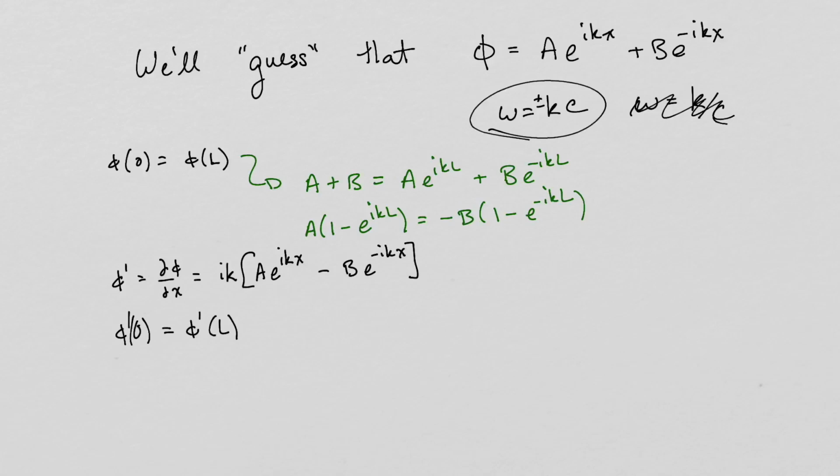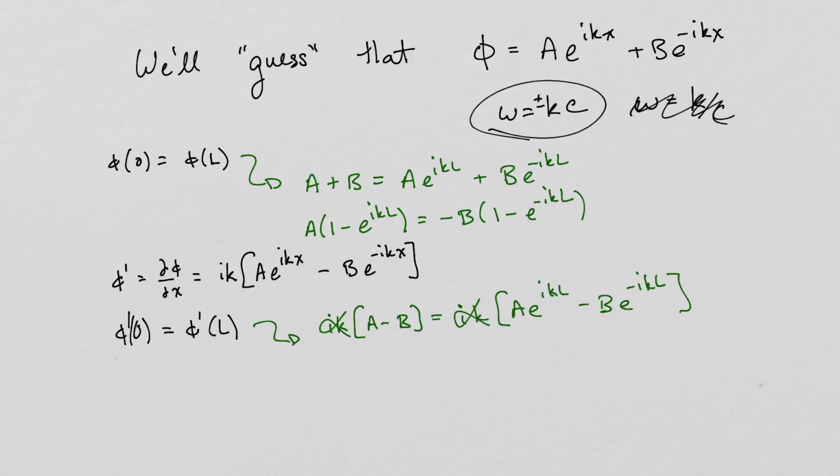And this is going to give me the algebraic expression that ik times a minus b is equal to ik times a e to the i kL minus b e to the minus i kL. And now you can see that it was with some foresight to this expression that I knew these minus signs might be useful. All right, so the ik's cancel. That's wonderful. I'm going to group things back together.